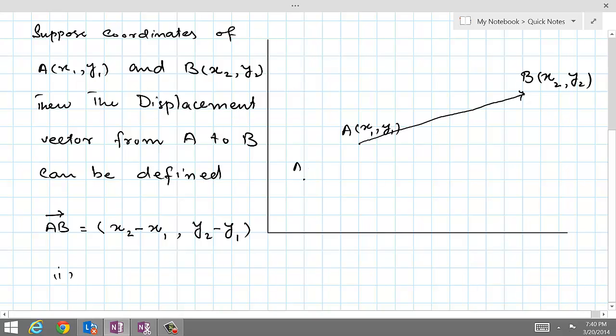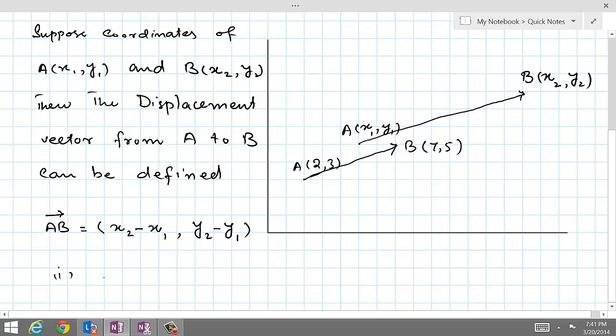So here A is 2, 3 and B is 7, 5. 1, 2, 3, 4, 5, 6, 7. 1, 2, 3, 4 and 5. This is the end point. So if this is point B, that is 7, 5, then this vector AB is the required displacement vector.